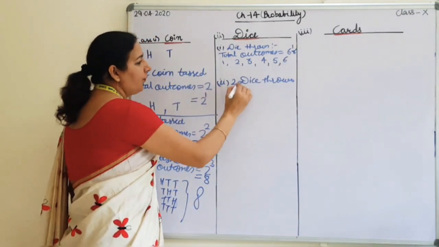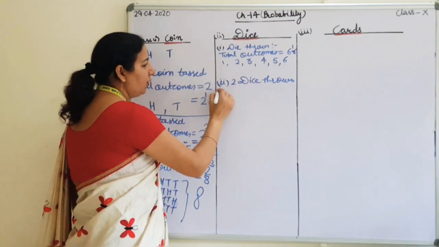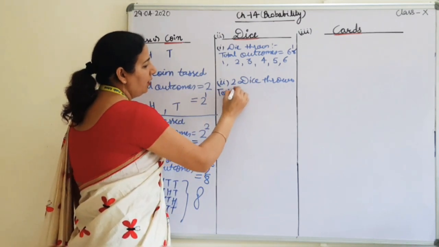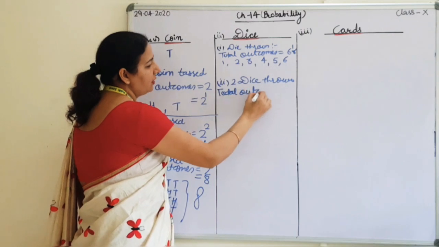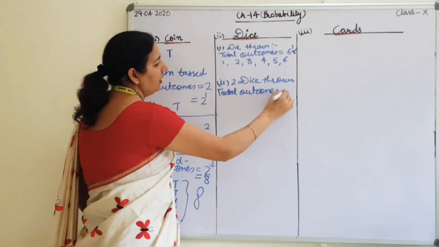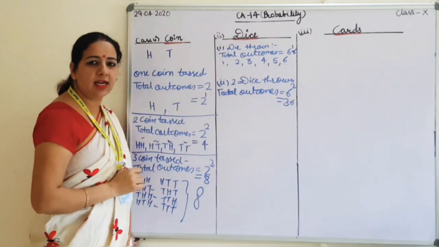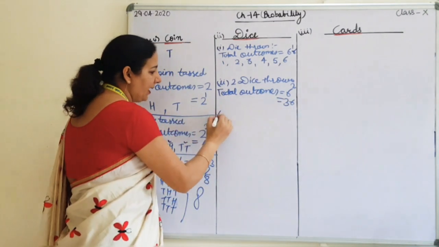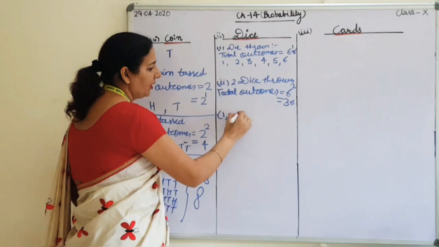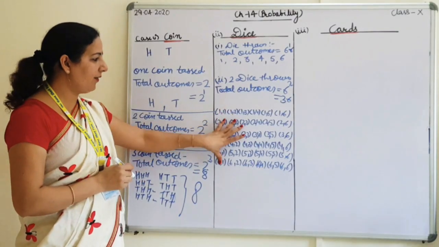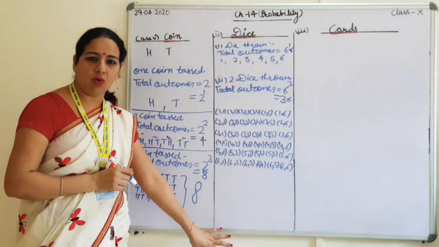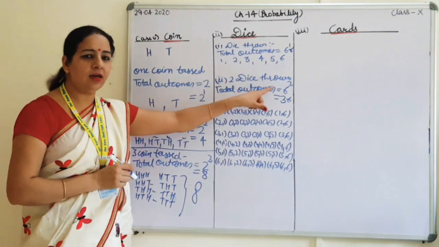But if 2 dice are thrown, then the total outcomes will be 6 power 2, that is 36. They can be 1, 1. So students, here I have written all the possible outcomes when 2 dice are thrown.